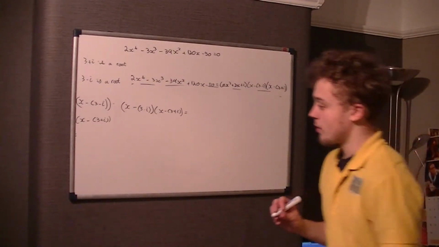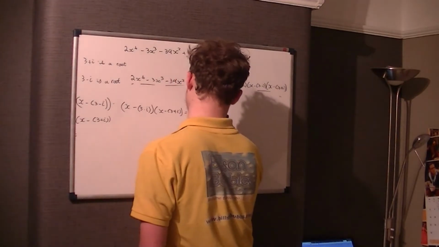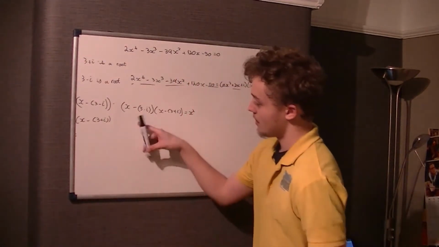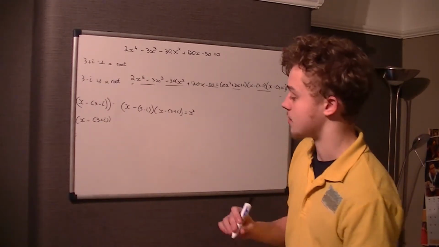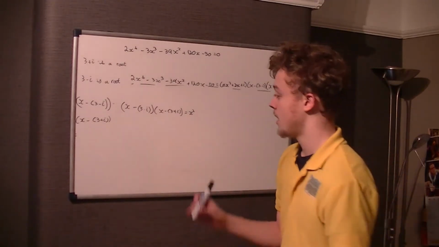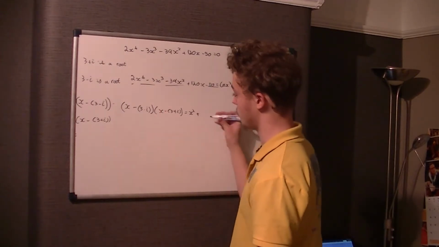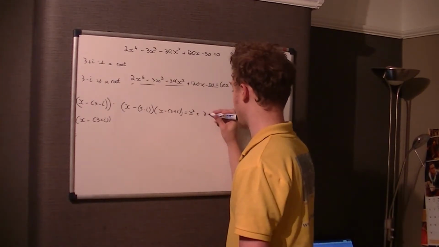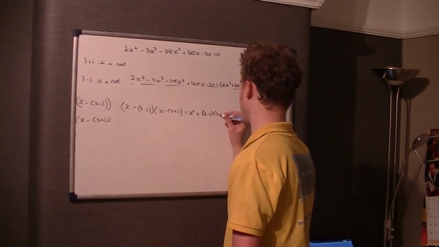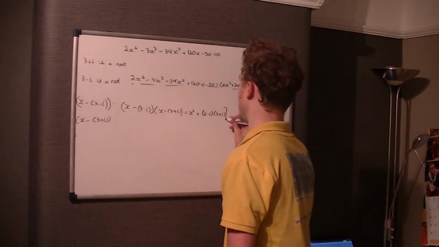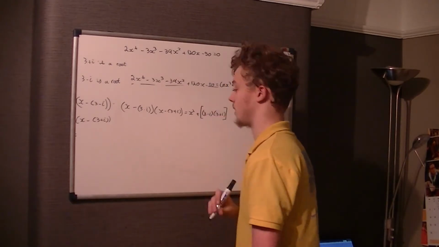Okay, so you do the x squared first, that's generally what I do, so it's x squared, and then you times negative, brackets 3 take i, times negative, brackets 3 plus i, so you're going to get a positive because negative times negative, so that's plus, and then you just do the double bracket, so plus 3 take i times 3 plus i. Now you might want to put them in square brackets, like I'm going to, but you might not want to either.